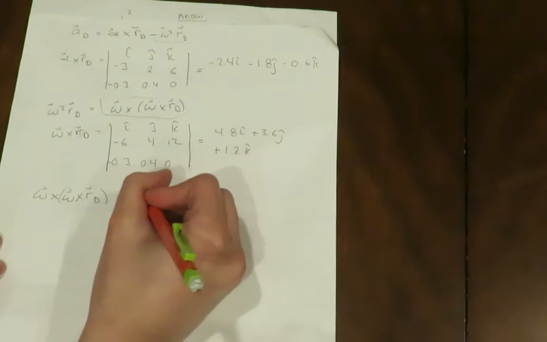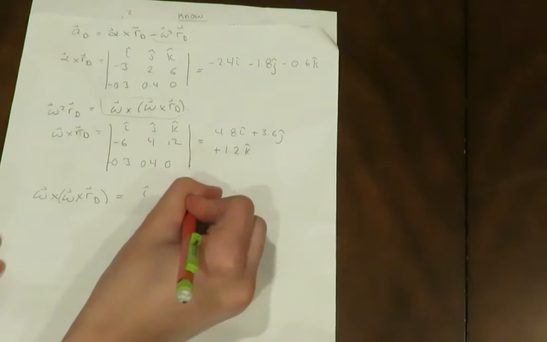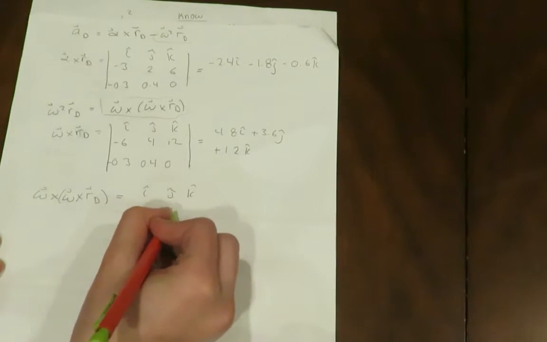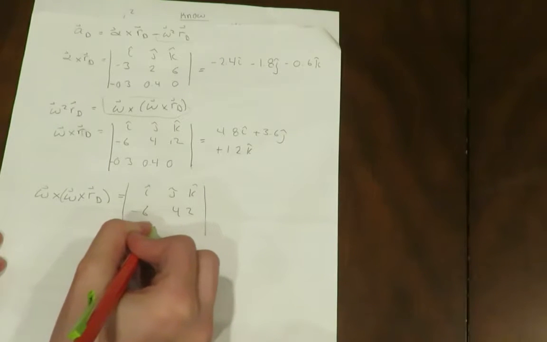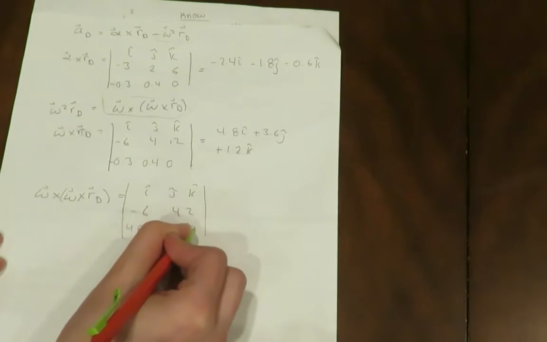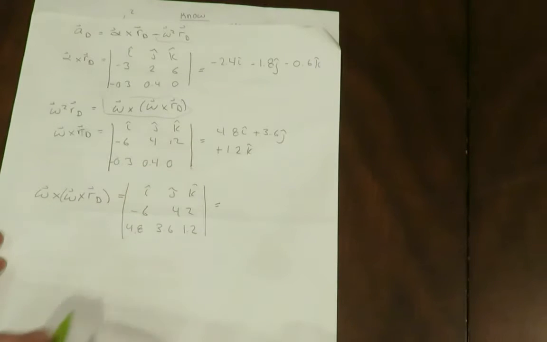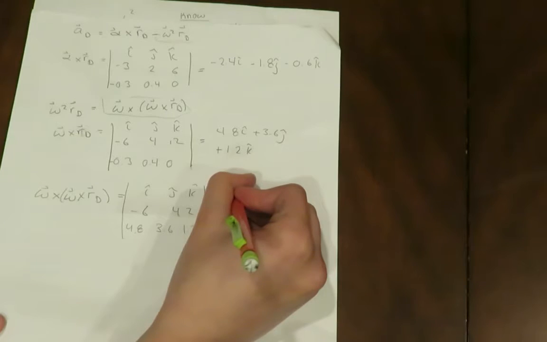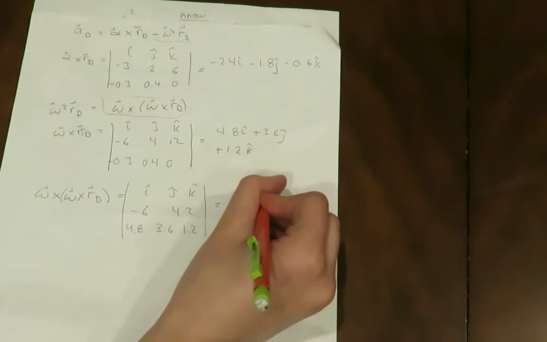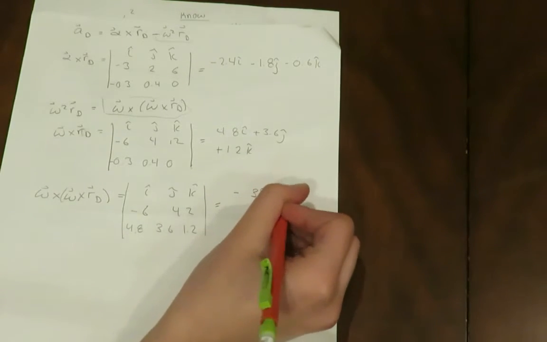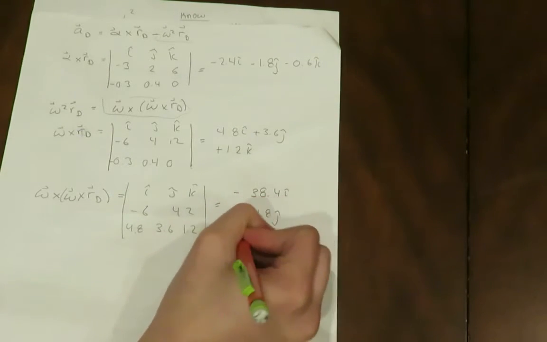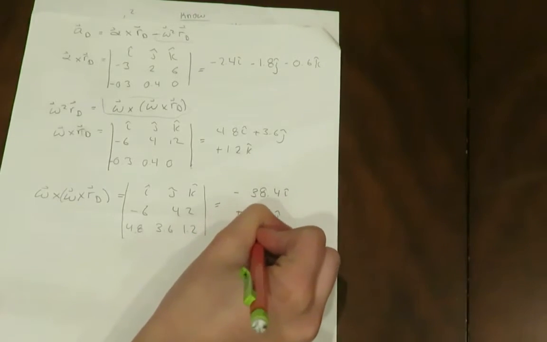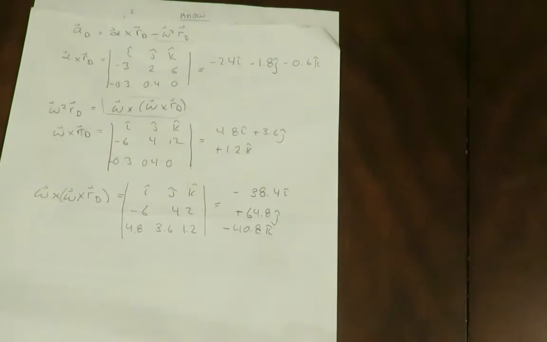So we're doing i, j, k, and we just got 4.8, 3.6, and 1.2. When we carry out this cross product, we'll find that this term is equal to negative 38.4 i hat plus 64.8 j hat minus 40.8 k hat.